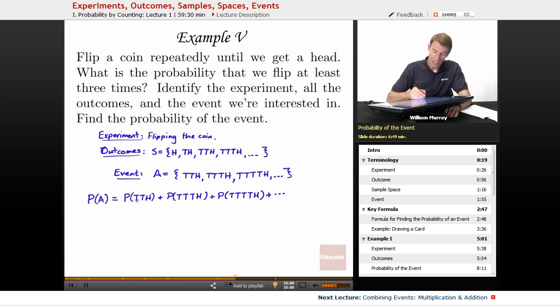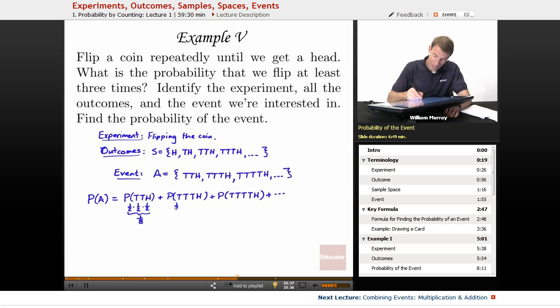Tail, tail, head. To get a tail, tail, head, well, there's a 1/2 chance that you'll get a tail right away, and then there's a 1/2 chance that you'll get another tail, and then there's a 1/2 chance that you'll get a head. So put those together and you get 1/8. Tail, tail, tail, head. Again, there's 50% chance of getting a tail, 50% chance of getting another tail, 50% chance of getting another tail, 50% chance of getting a head after that.